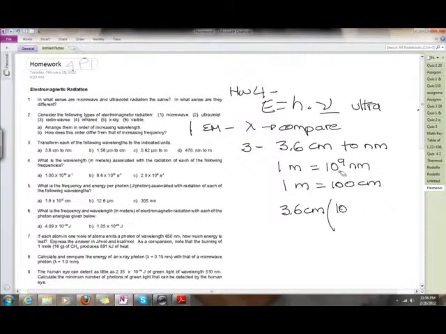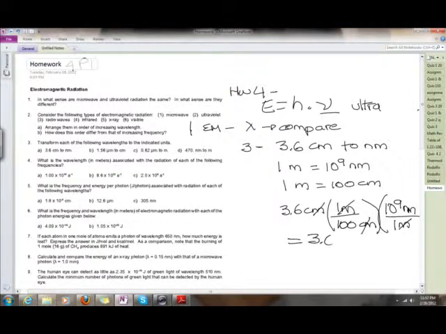So it would be 1 meter over 100 centimeters, multiplied by the desired unit on top, 10 to the 9th nanometers, divided by 1 meter. So we cancel out meter and centimeter.